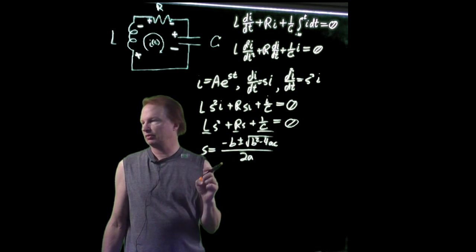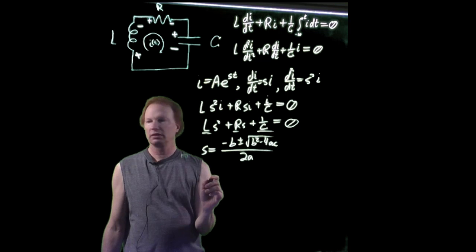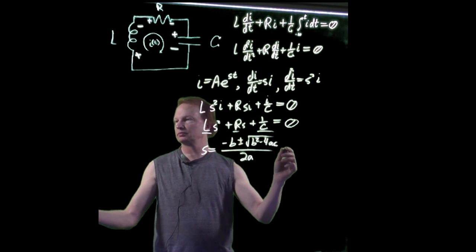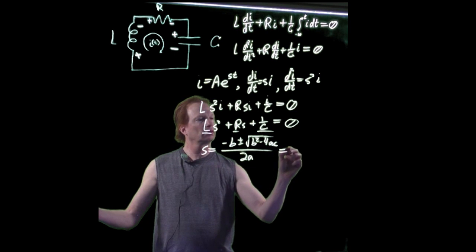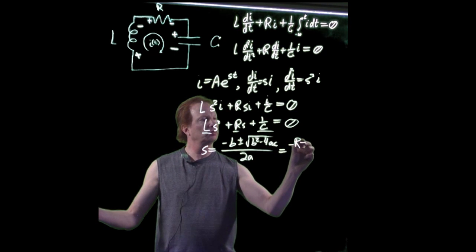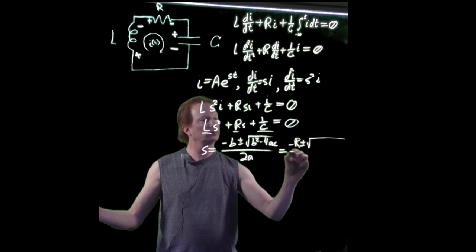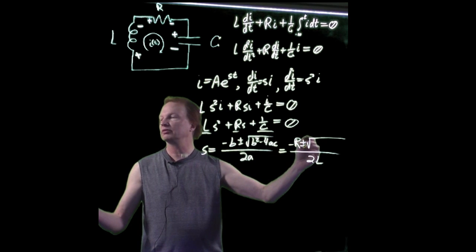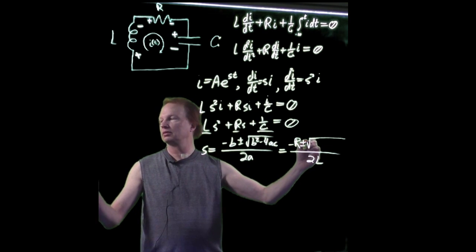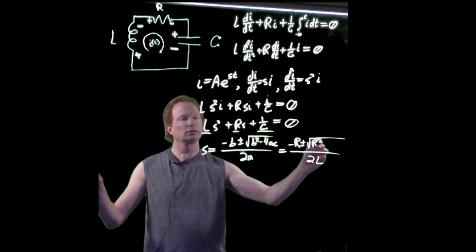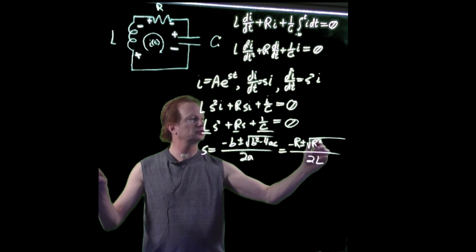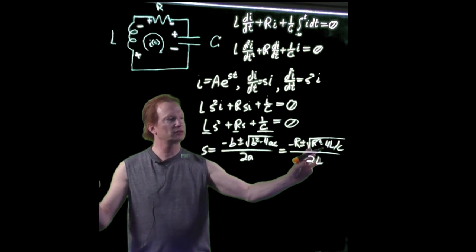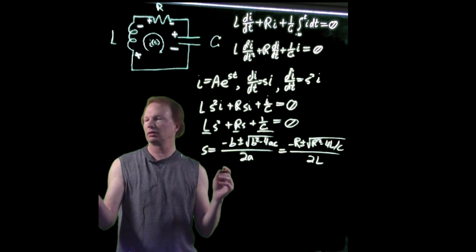And so when we do that, we end up with s equaling minus R plus or minus the square root of R squared minus 4L over C, all over 2L. Now you can take this 2L and factor it back in.